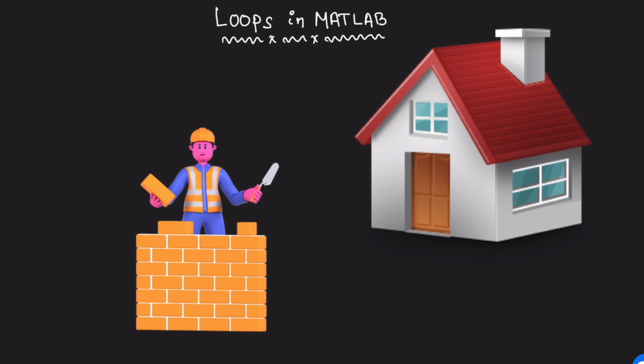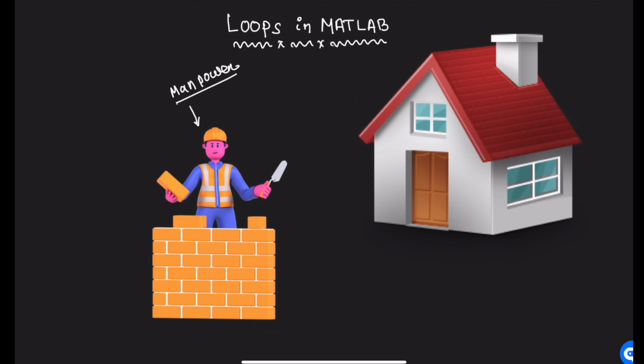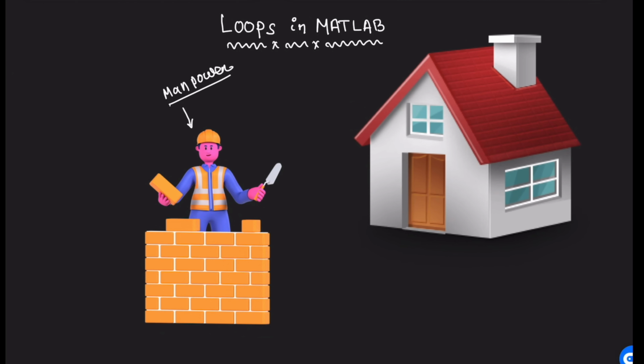We can consider an example of constructing a house. If you hire an engineer or some workforce, you will have some manpower who will do your job during construction. Basically, the house is being constructed with the help of bricks.